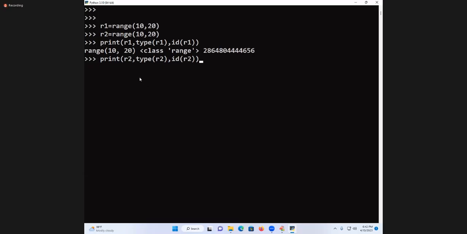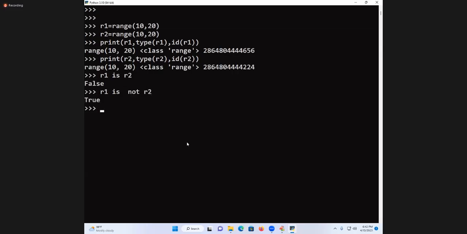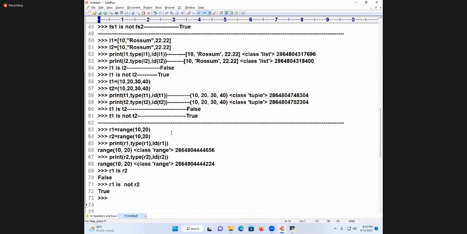It is containing a different address. Your range of values, I am also taking range of values, no issue, right? So what address? Different address will be there. R1 is R2 false. R1 is not R2, true.